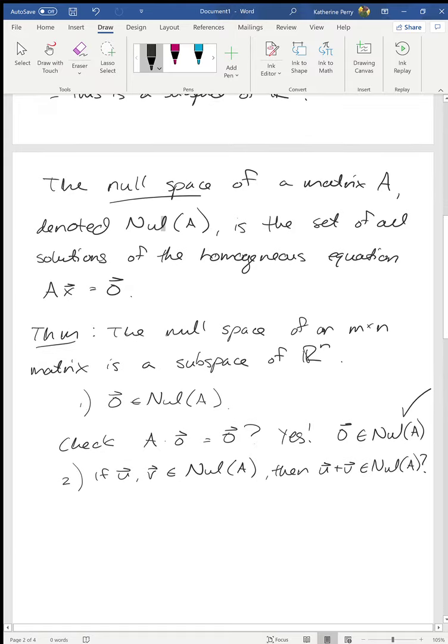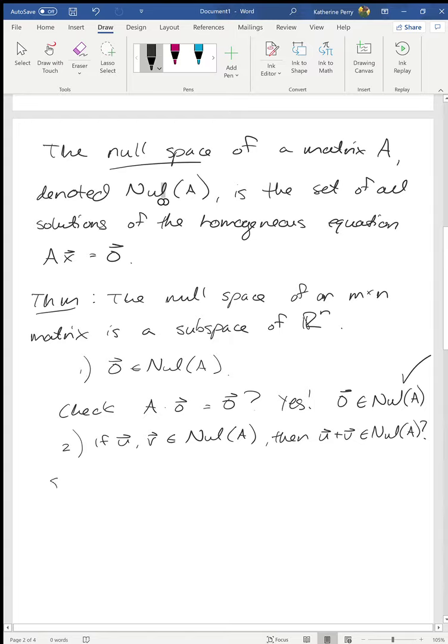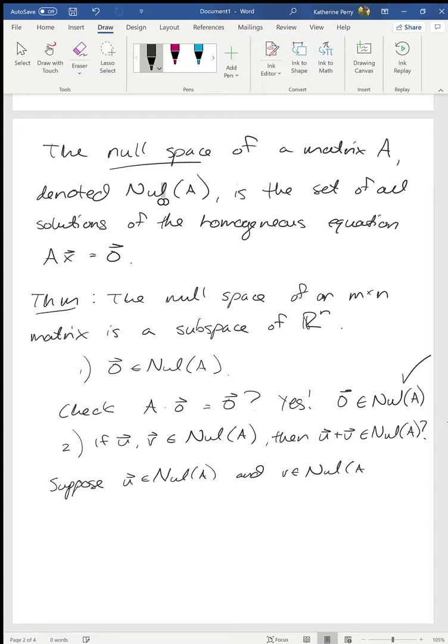Okay, so for that, let me first suppose u is in the null space of A, and v is in the null space of A. Then A times u is equal to the 0 vector, and A times v is also equal to the 0 vector.